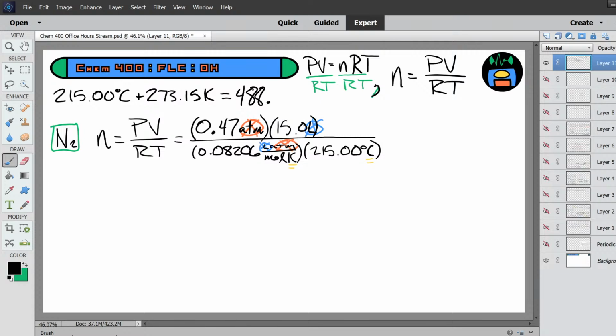So I don't recommend doing it. So 215 degrees Celsius is 488.15 Kelvin, and now our temperature units cancel.